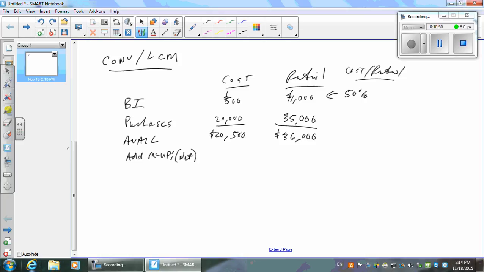That's 3,000 less 1,000, which is 2,000, so my markups are 2,000. Look what happens when we do this: getting my totals to do my cost to retail percentage for lower of cost or market. What do I have? 20,500 and 38,000.